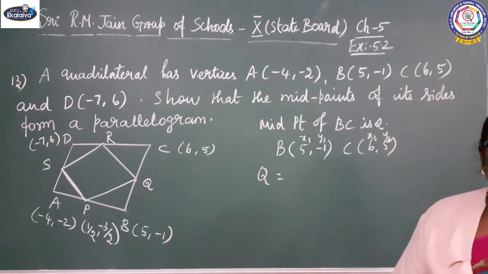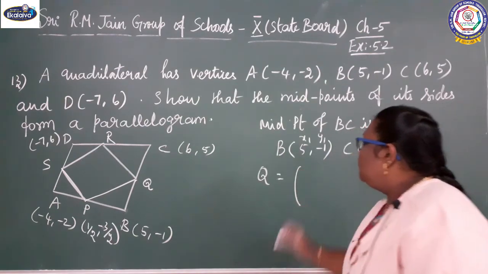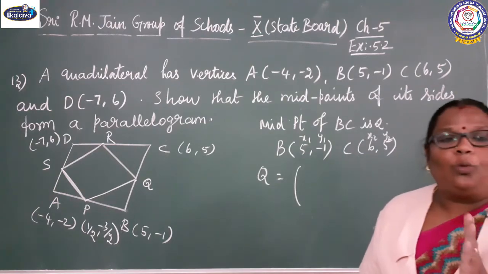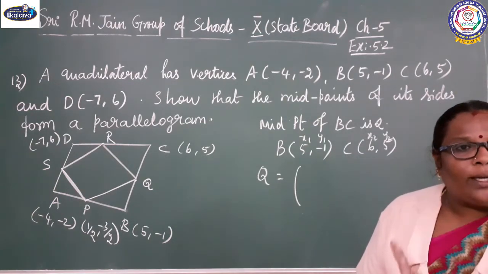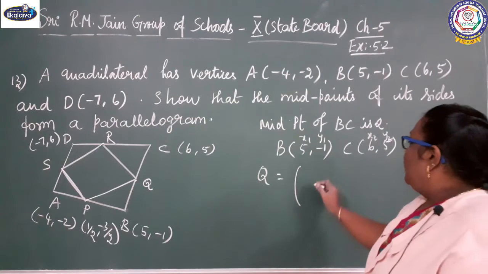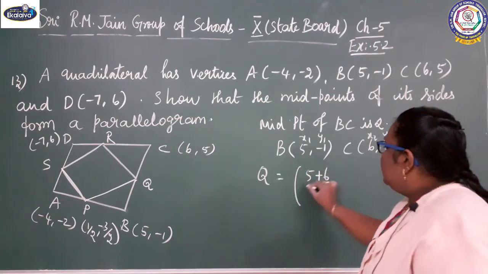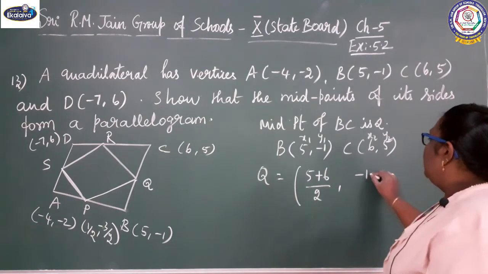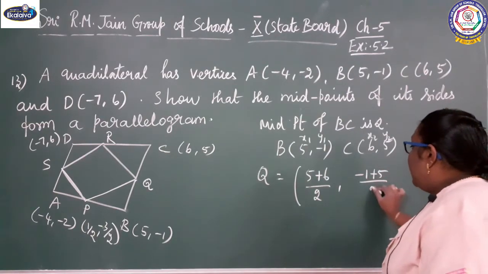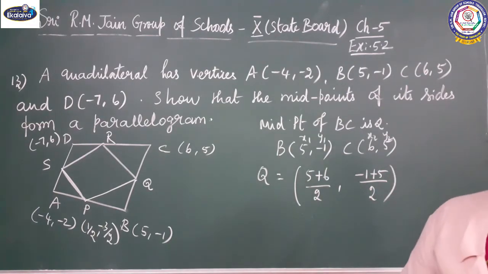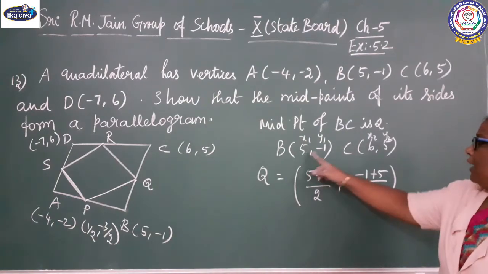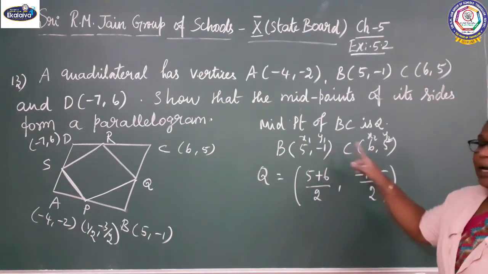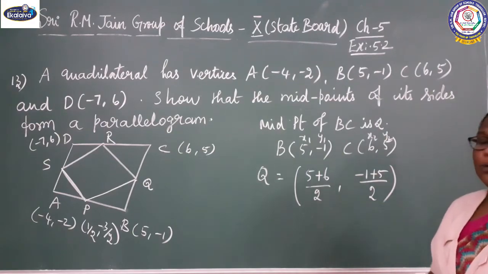What is the formula? x1 plus x2 by 2 comma y1 plus y2 by 2. So 5 plus 6 by 2 comma minus 1 plus 5 by 2.